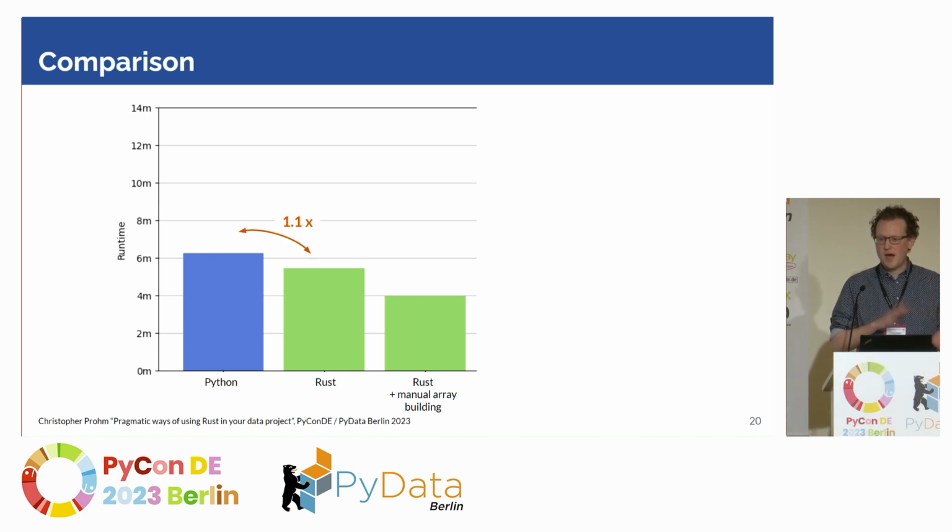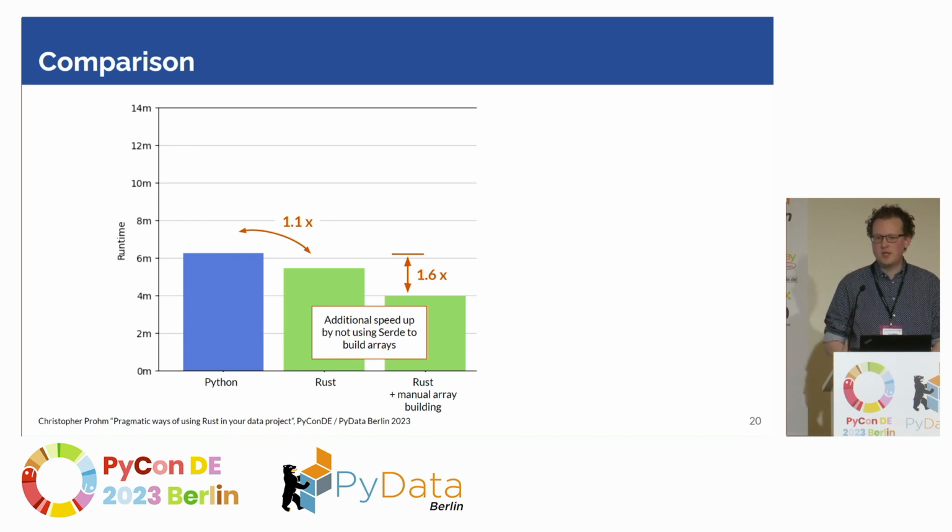If you go from Python to the Rust implementation that I've shown you before, we have something like a factor of 10%. And to be very honest, the only reason it's even faster is because of this multiplication by 1,000. If you have more transformations, it becomes slower in Python. If you then build the arrays manually, you have something like a 60% speed up, so it gets a little bit more exciting.